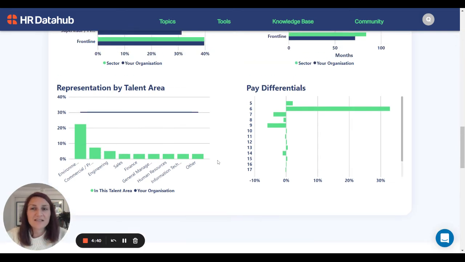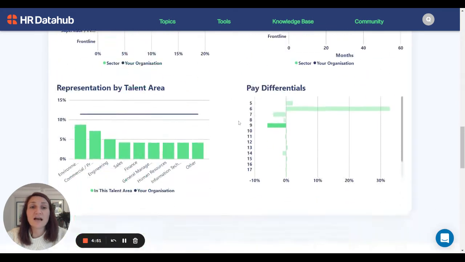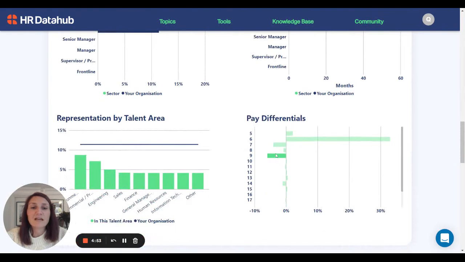So this is something I need to take a look at. And I also noticed that in terms of pay differentials, we actually see that at this level, so we're talking here at director level, women tend to be paid on average around 9% less than their male counterparts at similar levels.